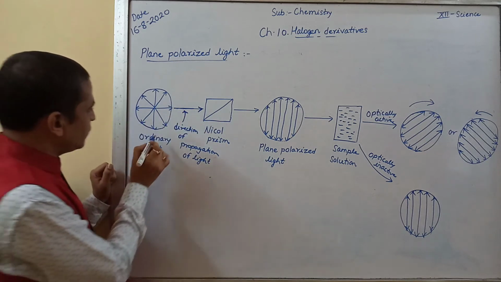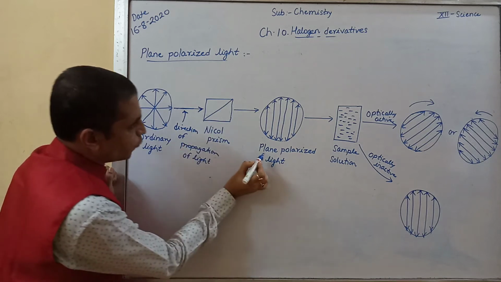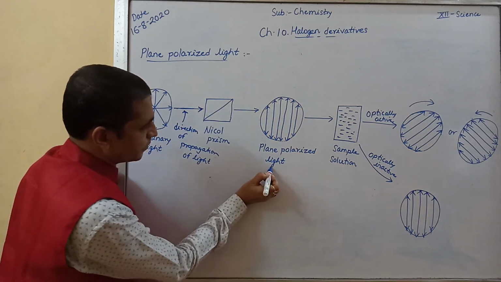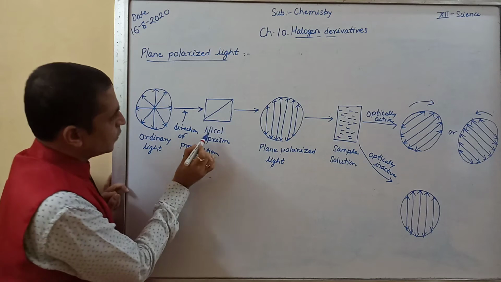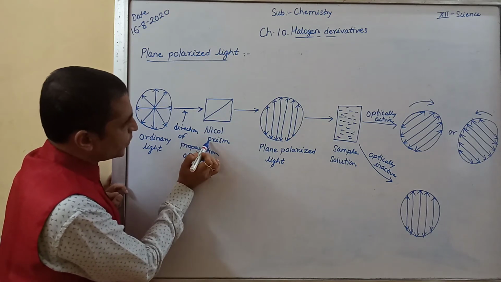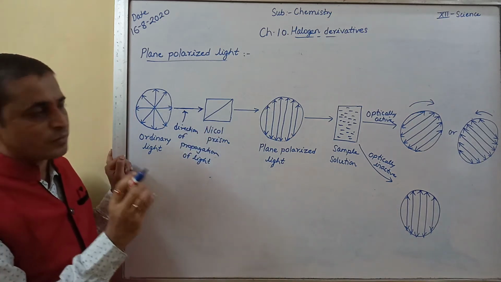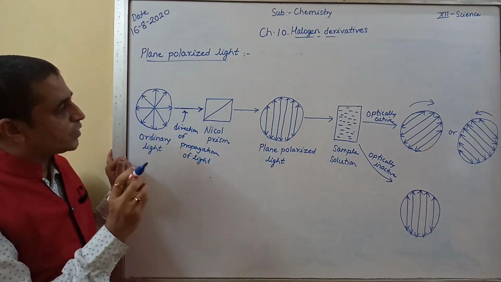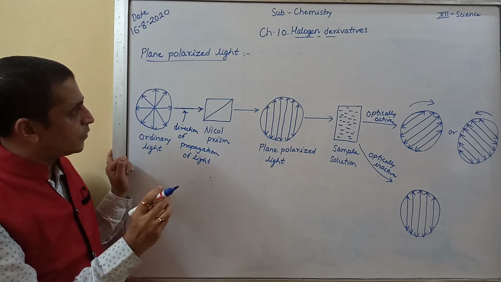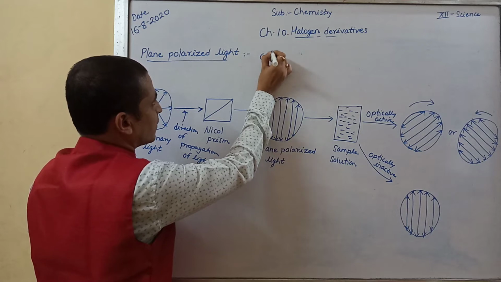But if this ordinary light passes through this nickel prism, then you get plane polarized light. But first, we will know some things about the nickel prism. Nickel prism is a special type of prism which consists of a piece of calcite.